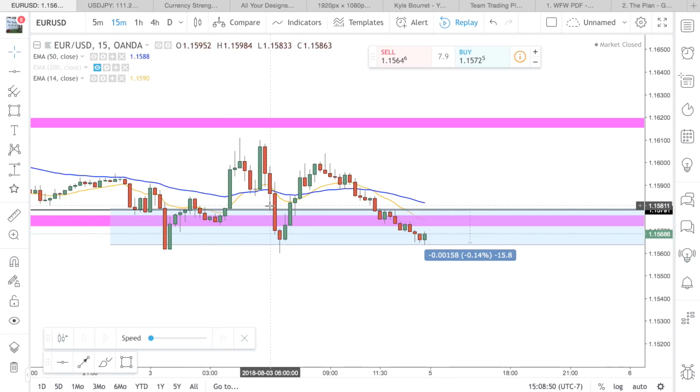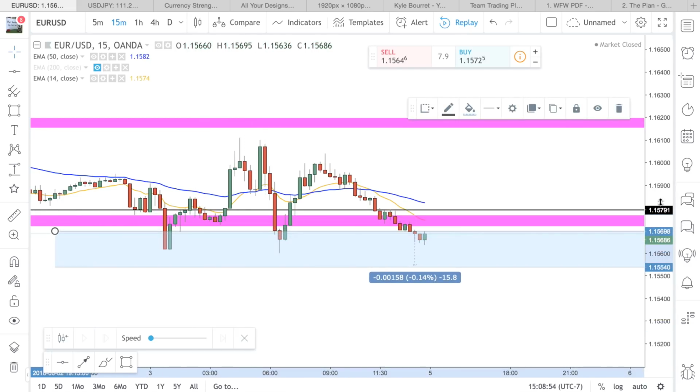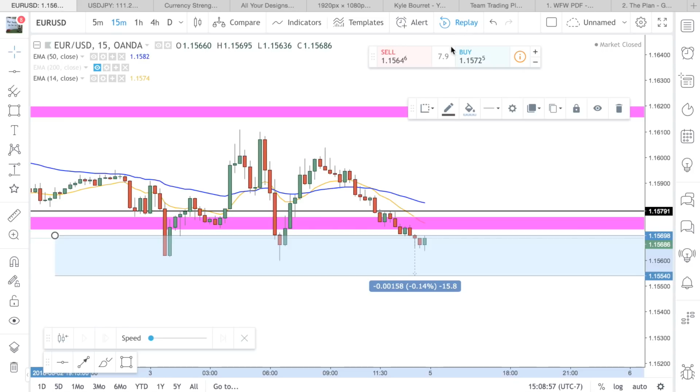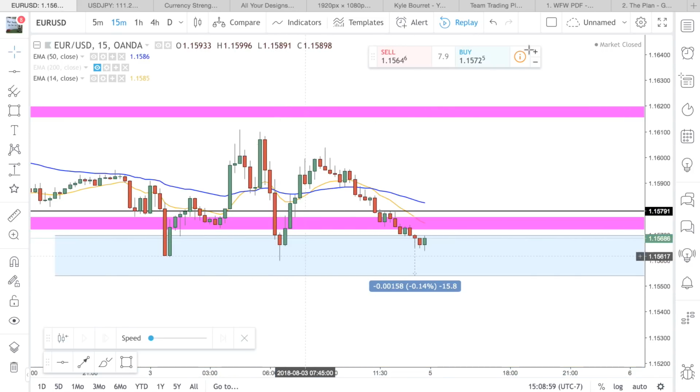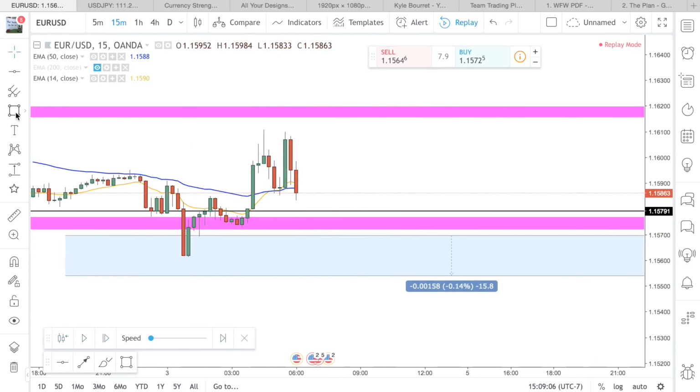The point where Euro USD would have been an easier sell entry for you was looking here, being in between those zones, closing below structure, we do want to go down.